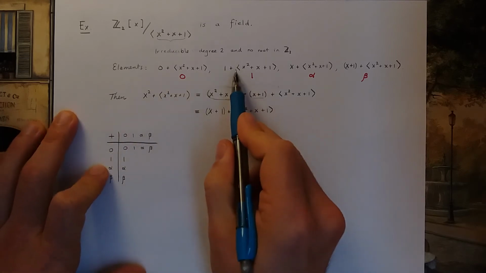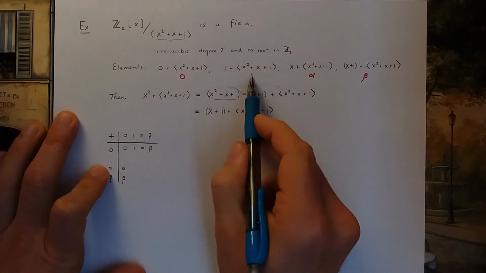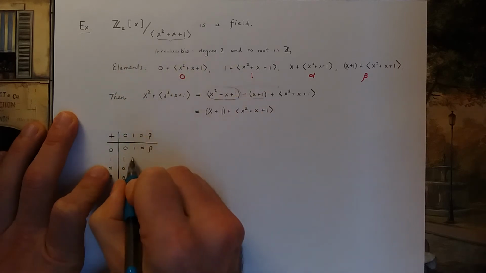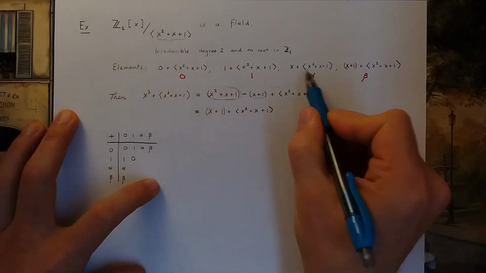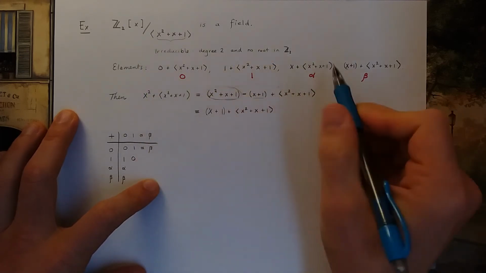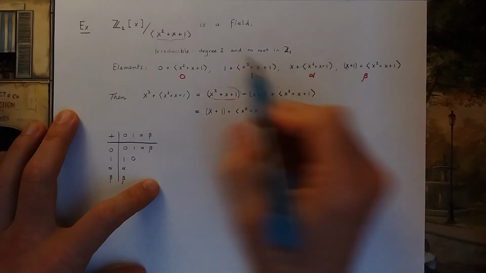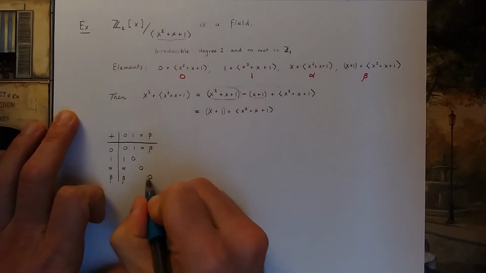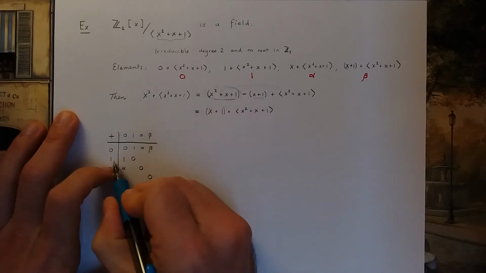If I add 1 to itself, so 1 plus 1 in Z2 gives me 0. In fact, since I'm in Z2, every element is its own additive inverse. x plus x is equal to 0. So alpha plus alpha is 0, beta plus beta is 0.